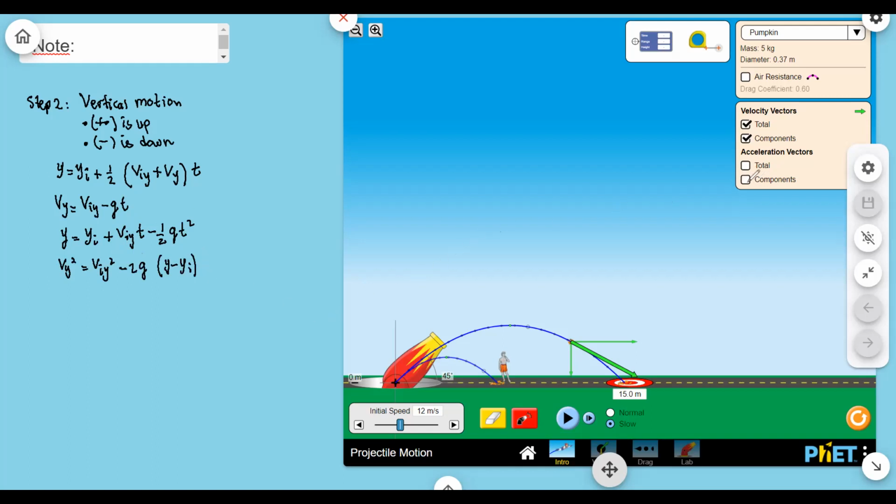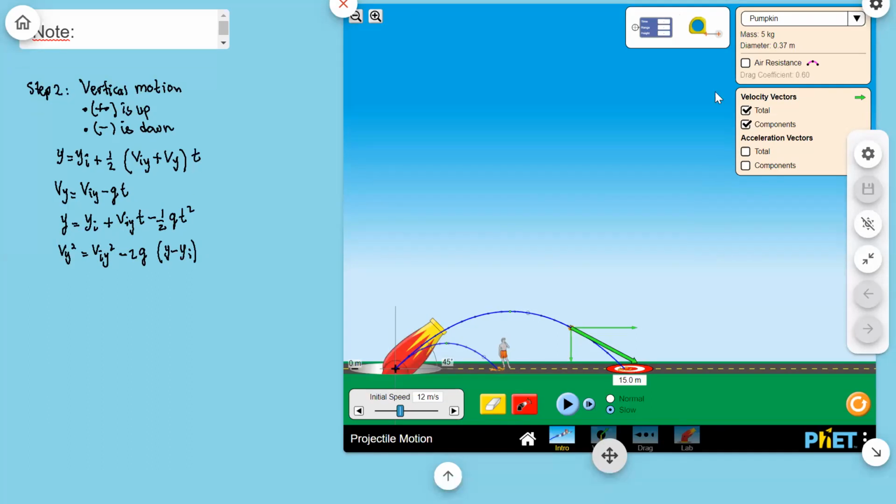You also can see the component or the direction of the acceleration due to gravity from this. Let's try to check. I will try to adjust the angle again, everyone, and the speed increases.